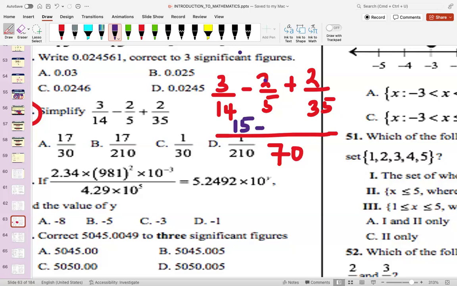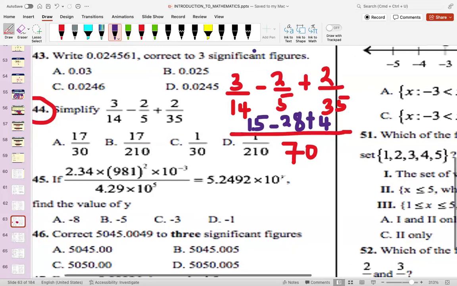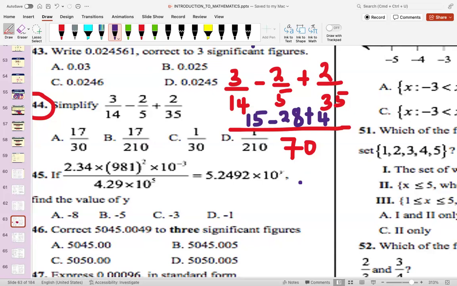So when you multiply the 14 by 2, you have 28, plus. 35 goes into 70 2 times. 2 times 2, you have 4. So you have 15 minus 28 plus 4. 15 plus 4 will give you 19.